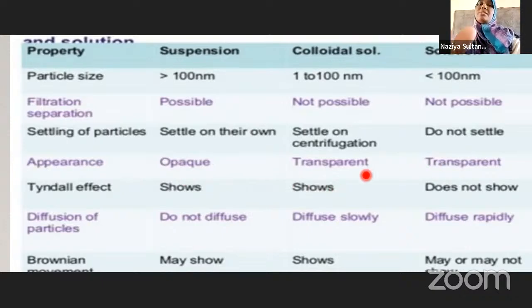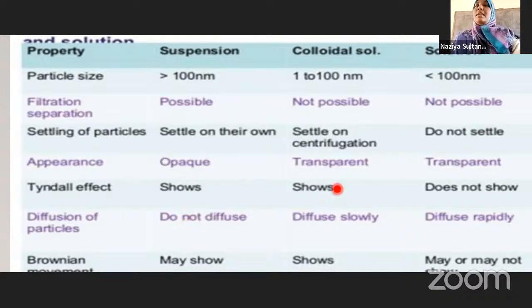Next, coming to the other property, that is the Tyndall effect. What is the Tyndall effect? Nothing but the scattering of light, right? Because the particle size is larger in the case of suspension and colloidal solution, the particles are able to scatter the light.